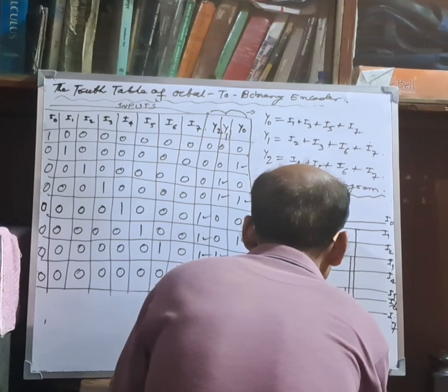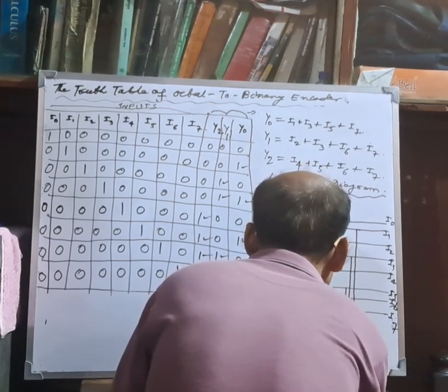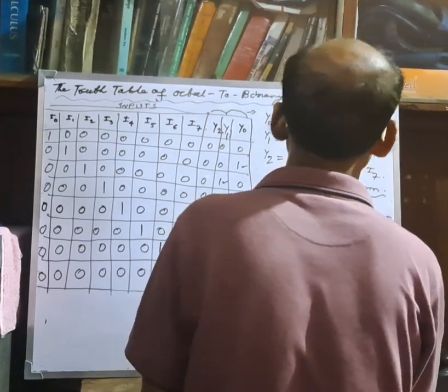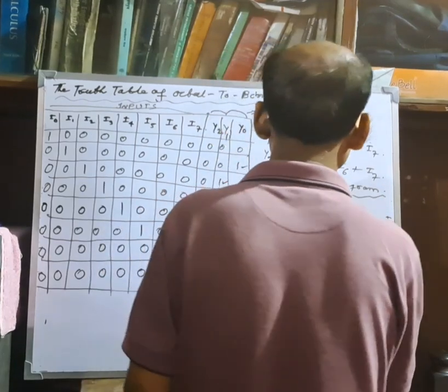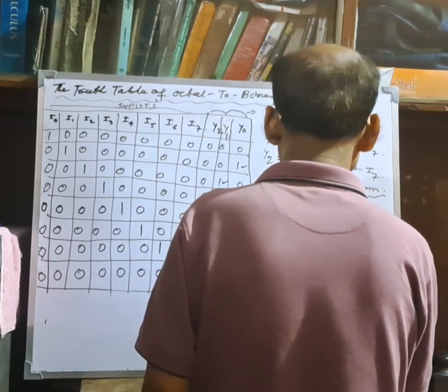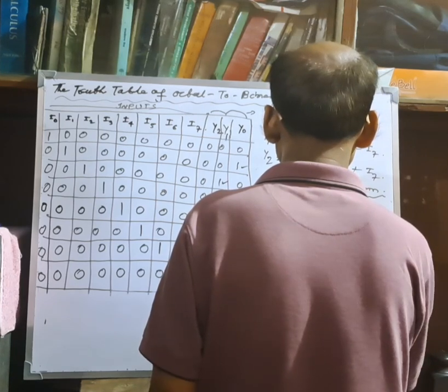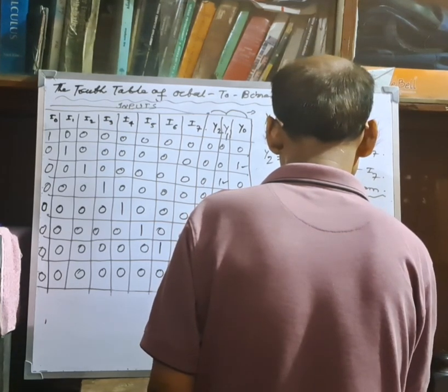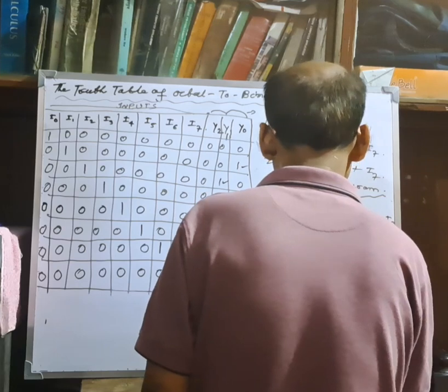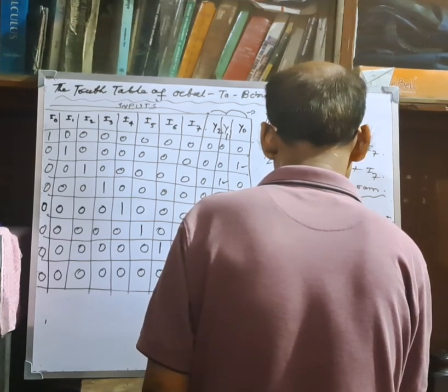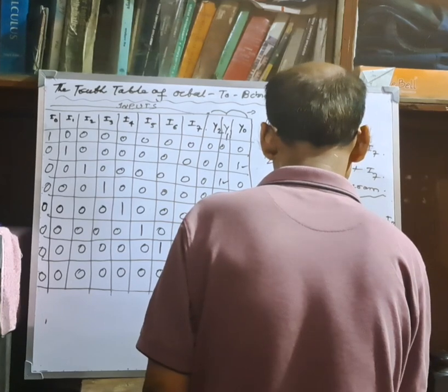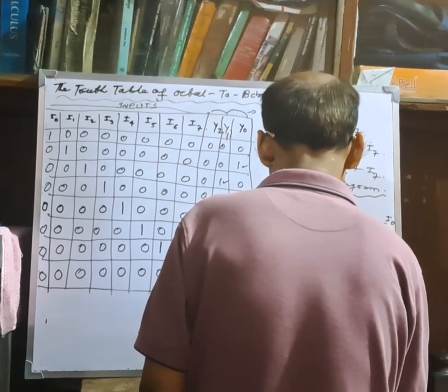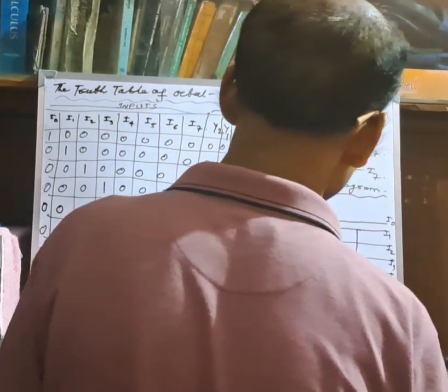You just see here the final value: 4, 5, 6, 7. 0, 1, 2, 3, 4, 4. 0, 1, 0, 1, 2, 0, 1, 2, 3, 4. 4, 5, and this is 6, and this is 7. Okay, so that's all of this.